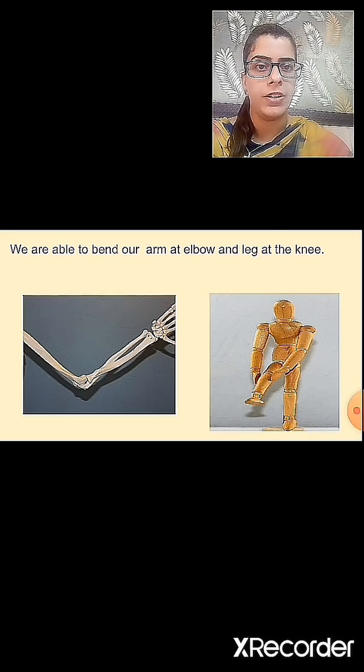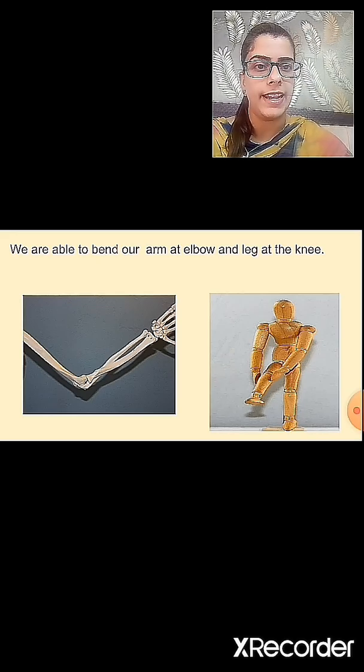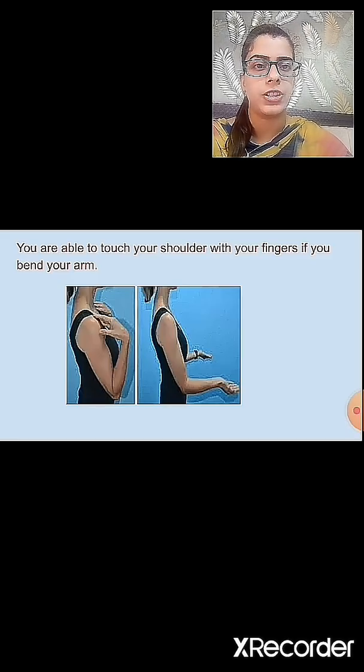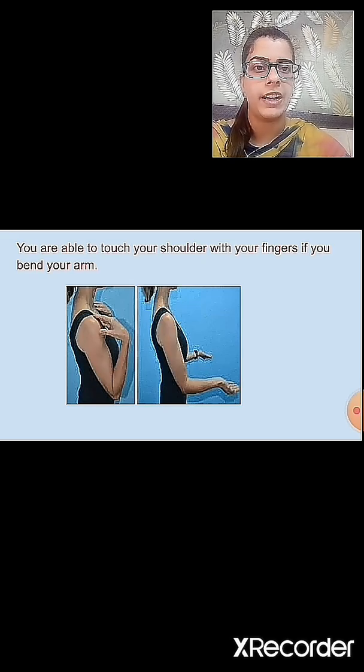You are able to bend your arm at the elbow and leg at the knee. You are able to touch your shoulder with your fingers if you bend your arm. So, it is possible for us to touch our shoulder with our fingers if we bend our arm.